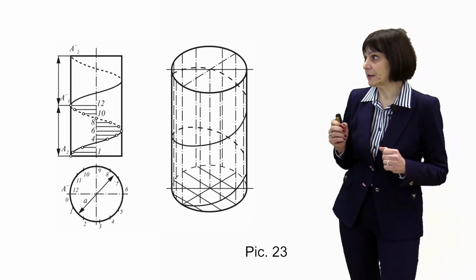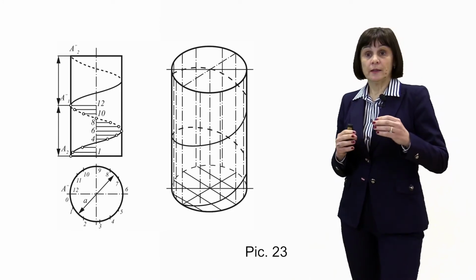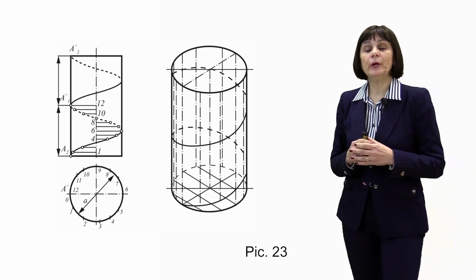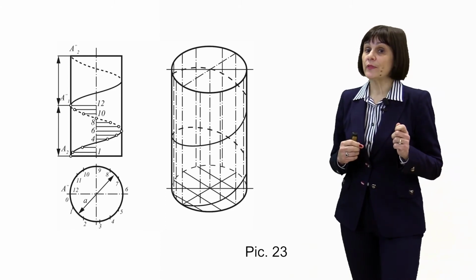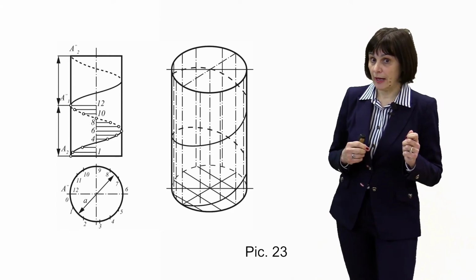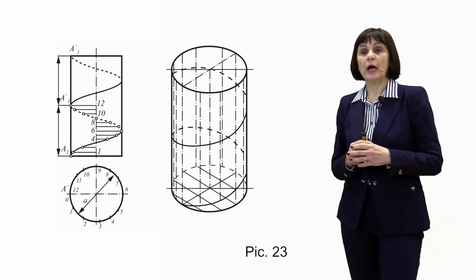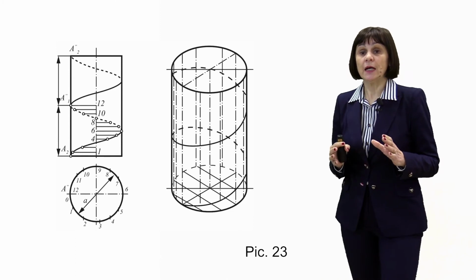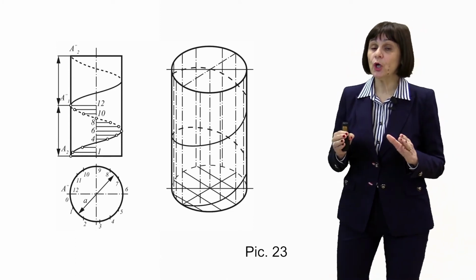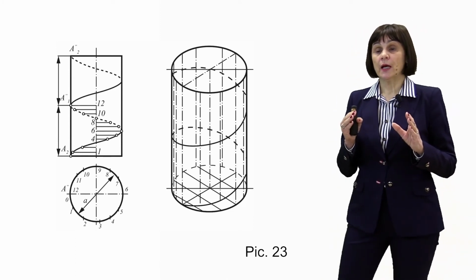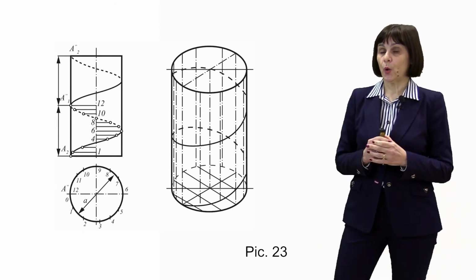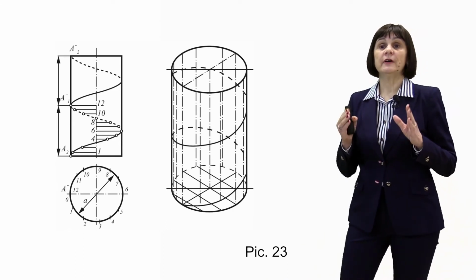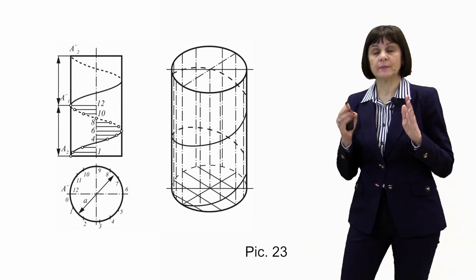The beginning of our construction is point A. It is placed at the left on the horizontal line. So, on our horizontal plane, we get the circle with 12 equal segments. Now, we have the height of the cylinder.